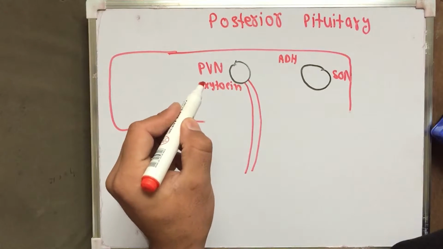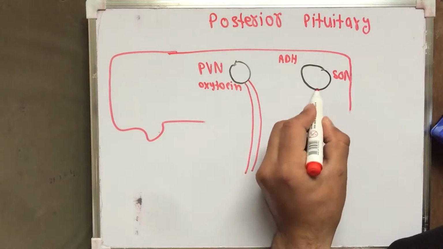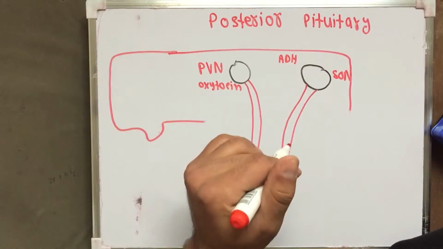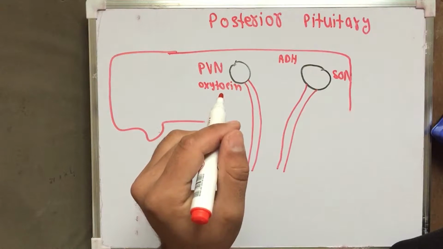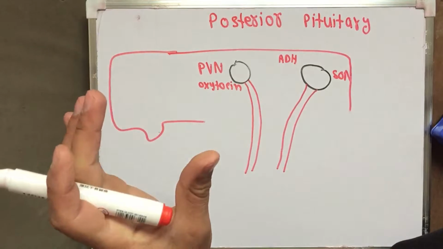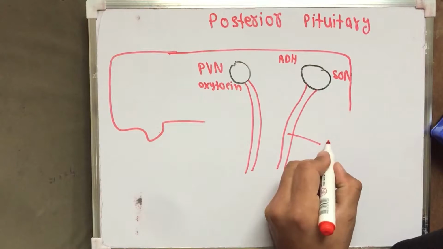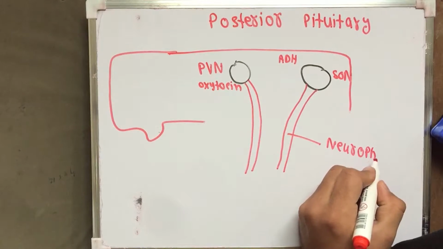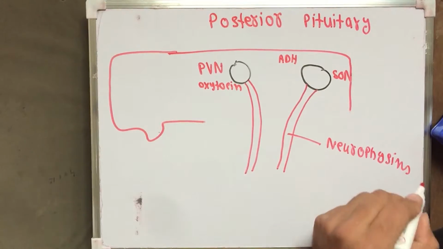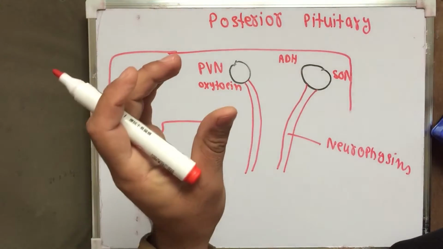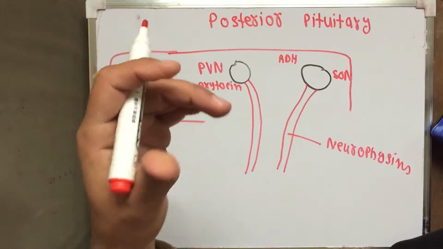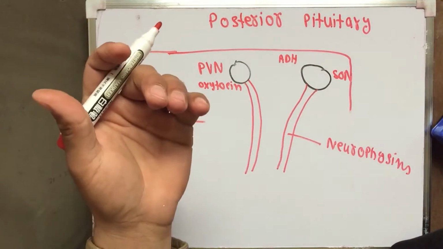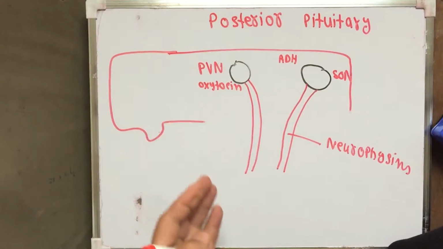These fibers are called neurophysins. Neurophysins are axon fibers that carry oxytocin and ADH release signal action potential from the hypothalamus to the posterior pituitary.